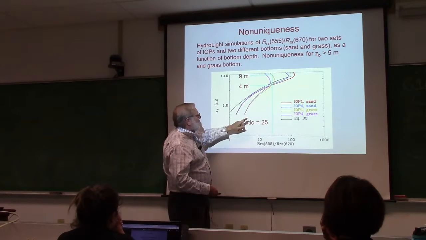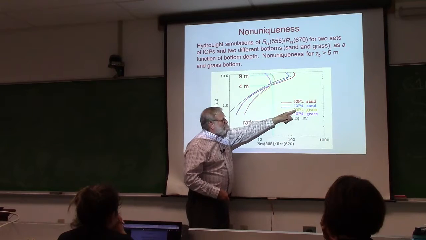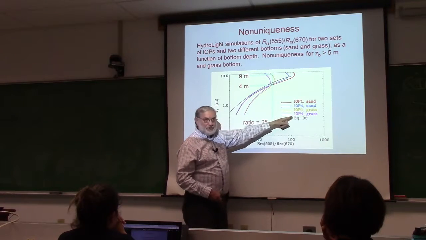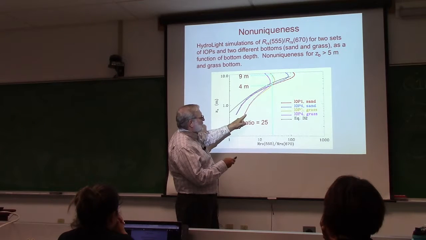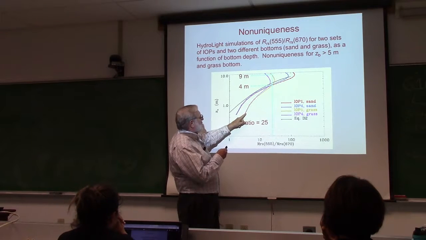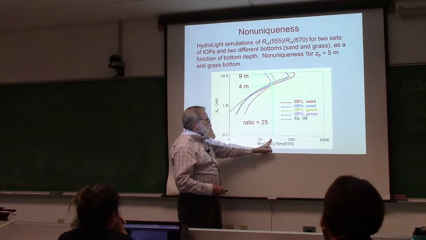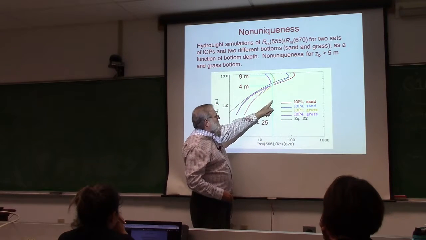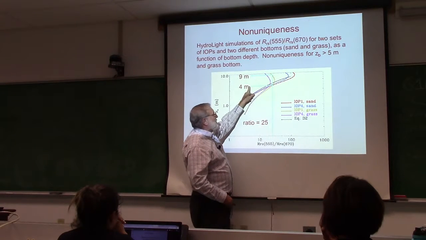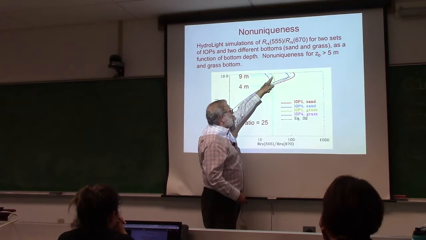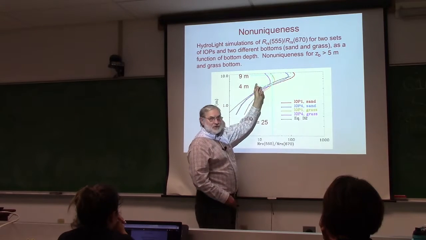Fine. Now, the orange and purple curves are the seagrass bottom. Well, let's just take this curve here. The orange one comes up, but then it doubles over. And so for the ratio of 25, the algorithm says, oh, there's the orange curve, it's 4 meters deep. The real, or another answer, would be that it was 9 meters deep.